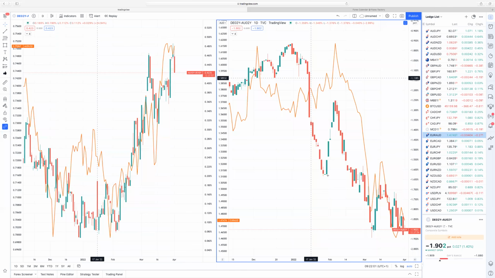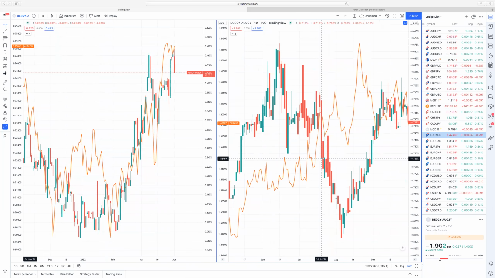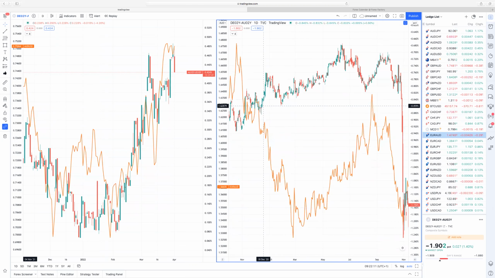There are other times as well where sometimes it was lagging or it was moving in tandem, and other times where it gives you a huge trend reversal, but Euro AUD might take its time until it emerges for that. One of the occasions was around February and March last year. The yield spreads were firmly heading higher, but Euro AUD was still sitting lower, and eventually that resolved to the upside.